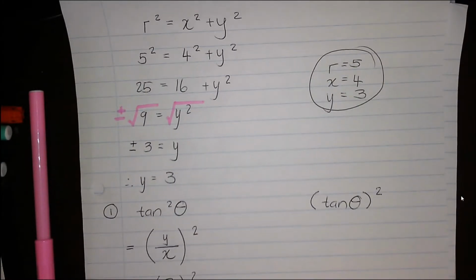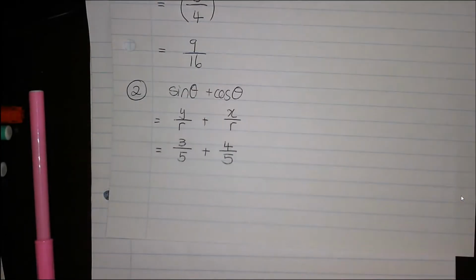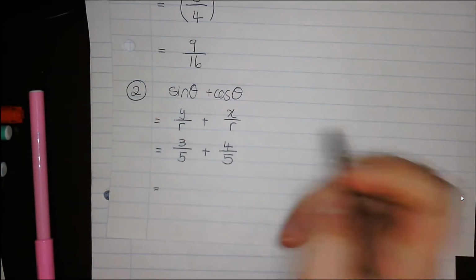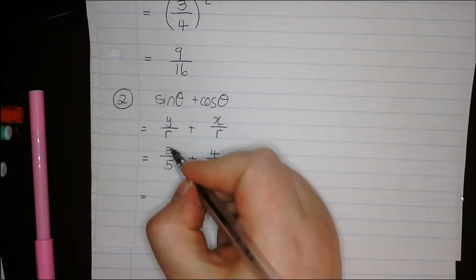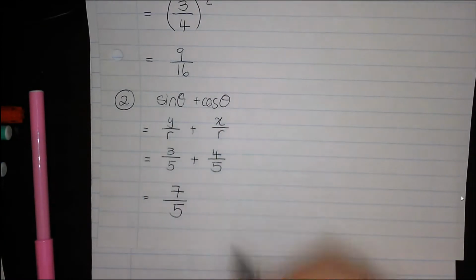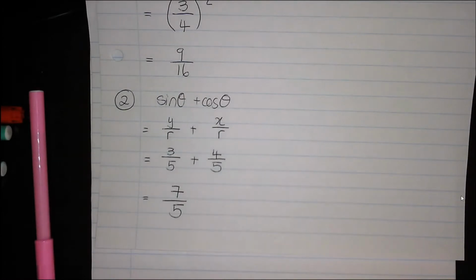We wrote them down over there. Alright, and then we can type this into our calculator, but if you remember, denominators are the same, so we can add the numerators. 3 plus 4 is 7, and the denominator stays the same. That's our final answer. Right, so that is our first tick and draw question.